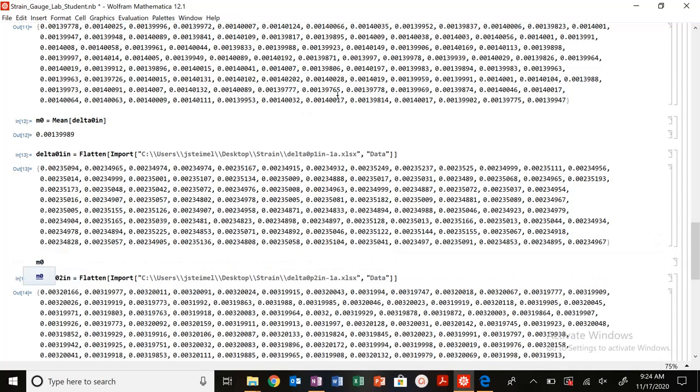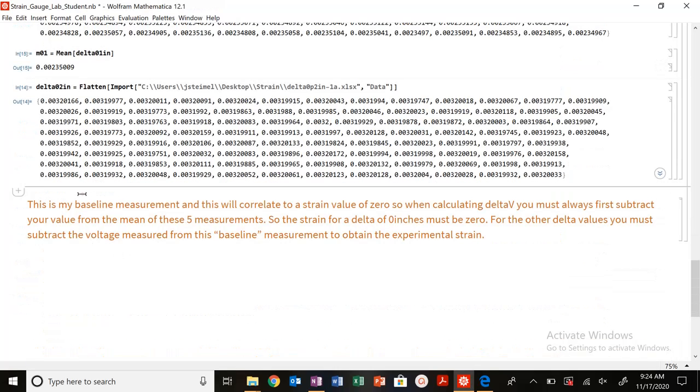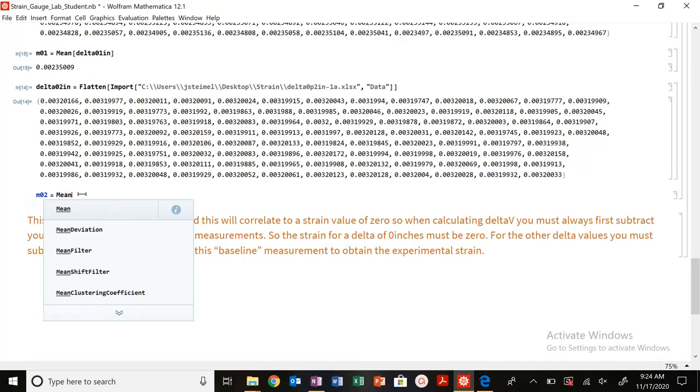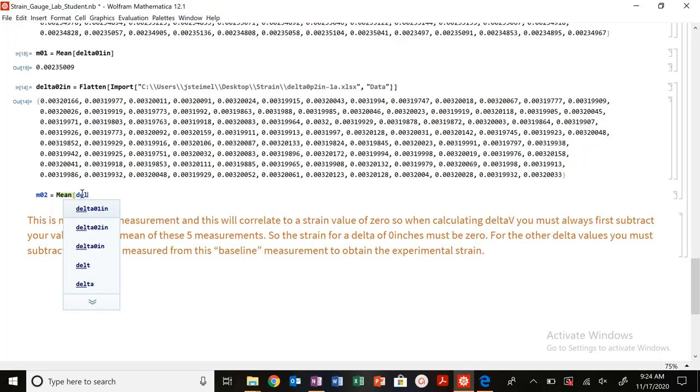So remember, the precision error is in voltage here. Be very, very careful. Mean of 01 is going to just be mean of delta 01 inches. And my M02 is going to be equal to mean of delta 02 inches.